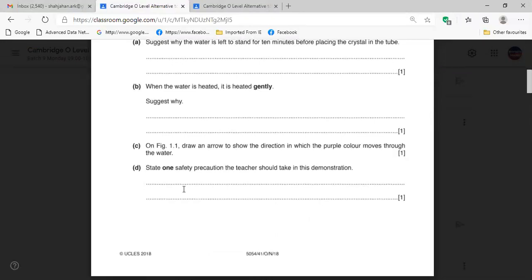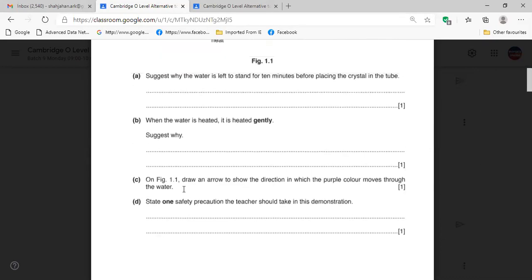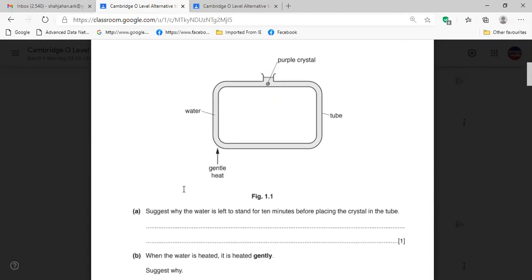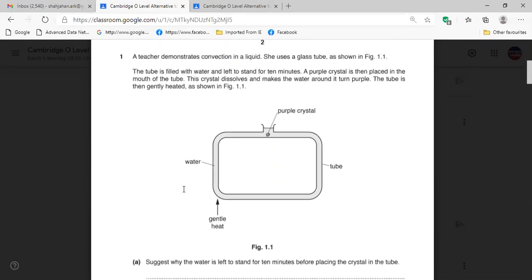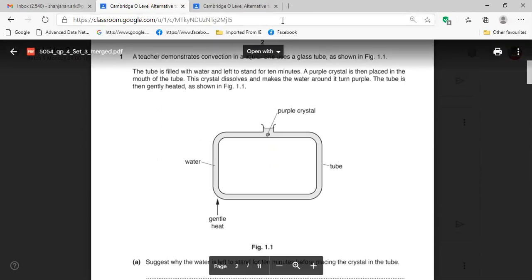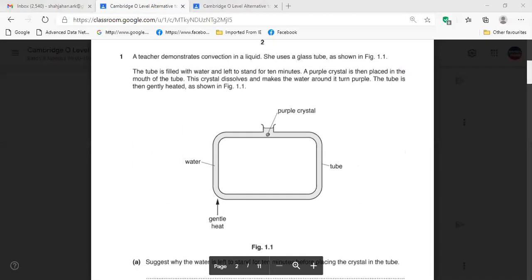Next, can you read this one, Abir, question C, part C? On figure 1.1, draw an arrow to show the direction in which the purple color moves through the water. This one is easy, right? You can show the arrow any way, but the direction should be correct.